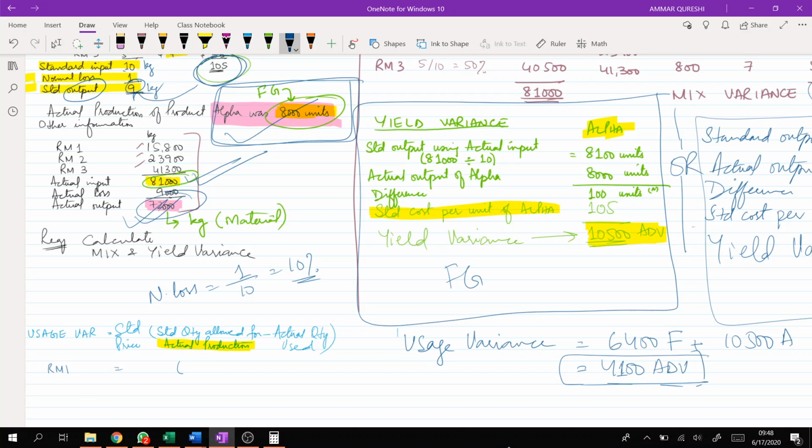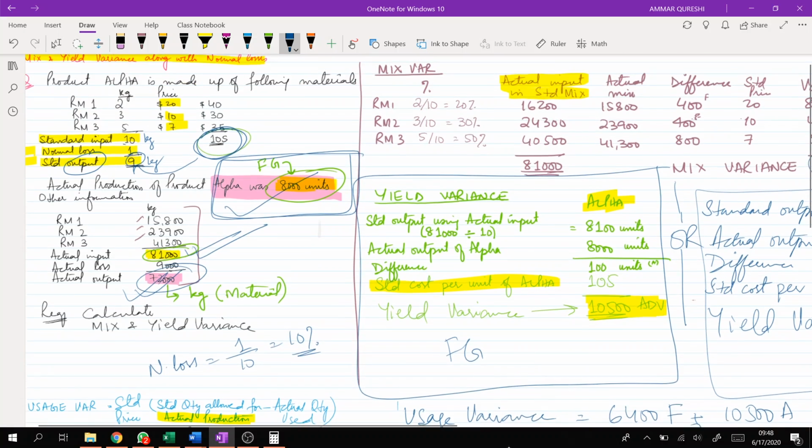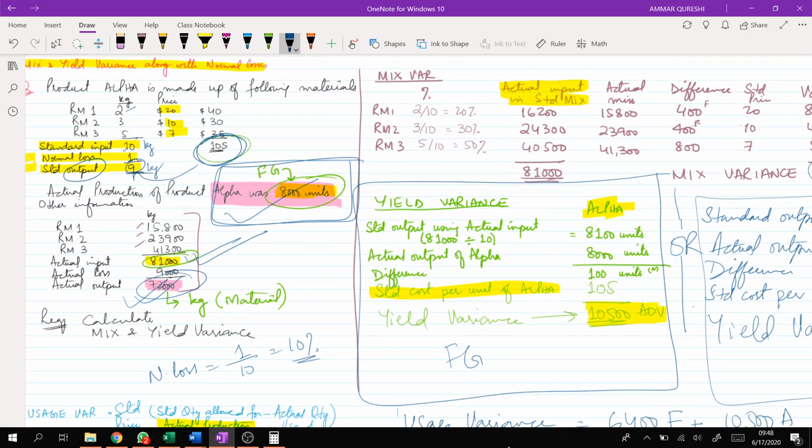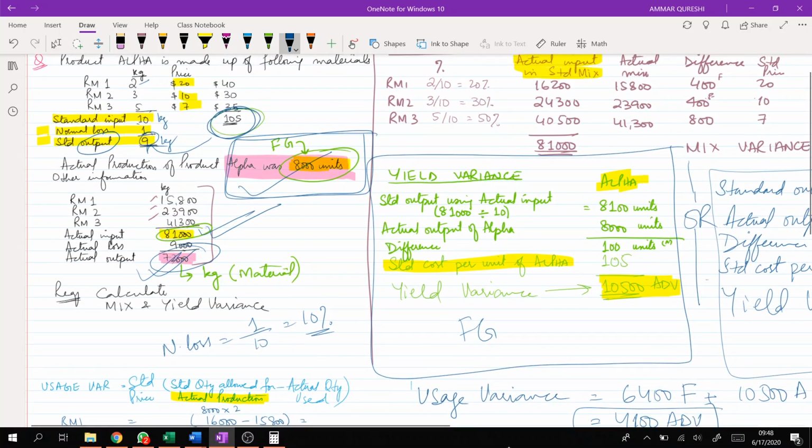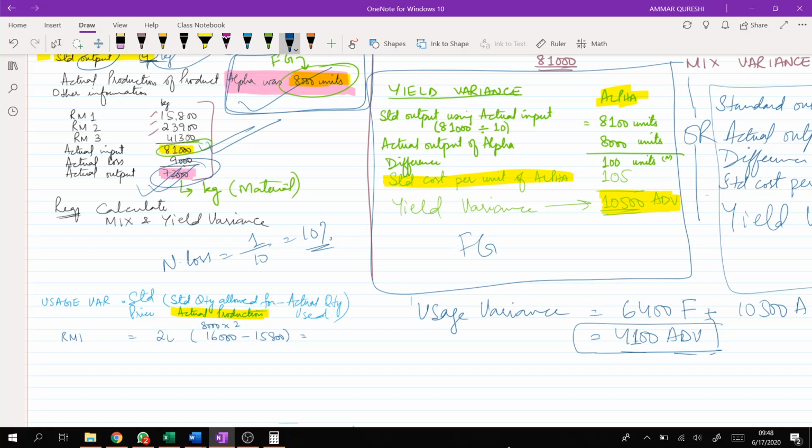Actual production is 8,000 multiplied by how many kilograms are required for 1 unit? 2 kilograms. 8,000 multiplied by 2 makes 16,000 kilograms that should have been used, but 15,800 kilograms have been used. So 200 multiplied by 20, the standard price, is 4,000 favorable.